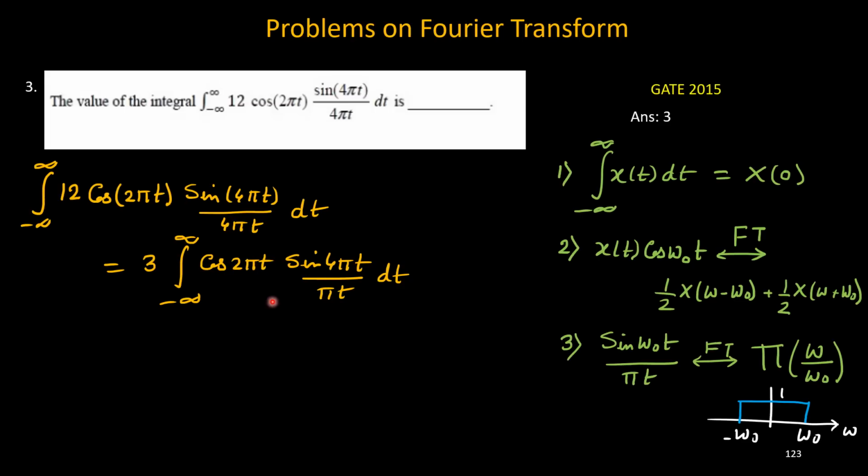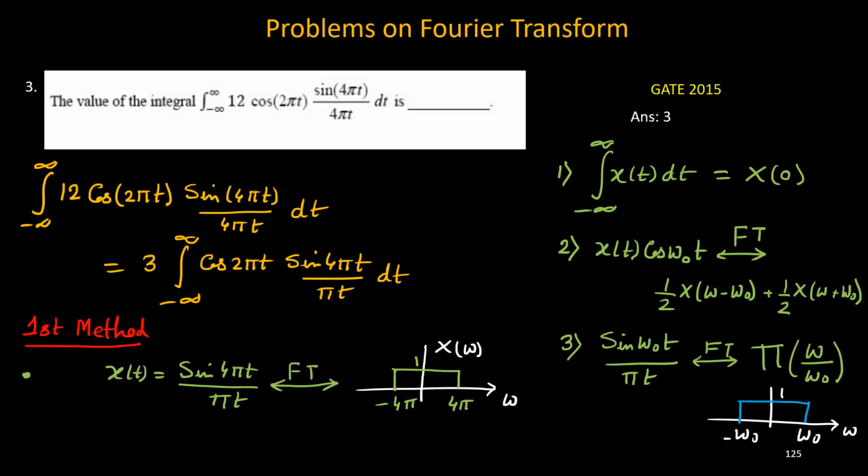I'll get the spectrum. If we then integrate this signal, we need to find the magnitude at ω equal to 0. That's all. This is one way. So I can consider this the first approach, using this modulation concept.